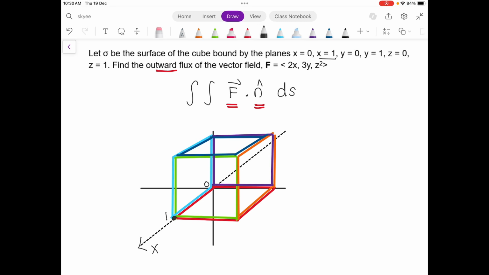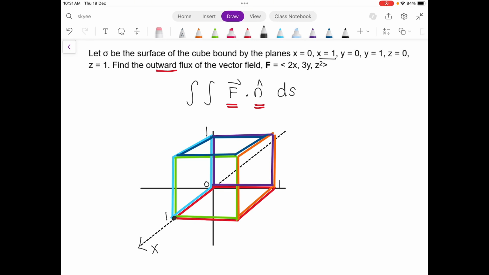When we have this interval for x, an interval for y, and an interval for z as well, you will see all these planes form a cube. I'm constructing the sides of the cube using different colors.